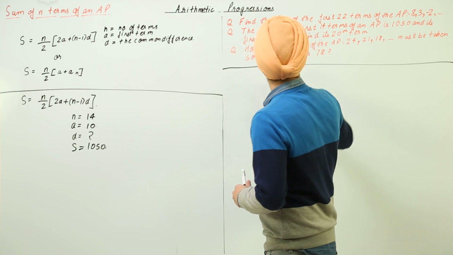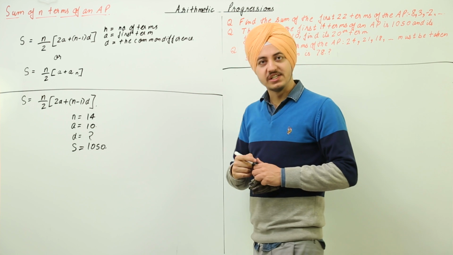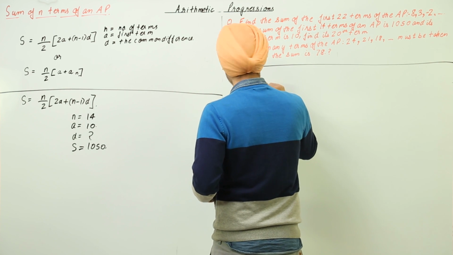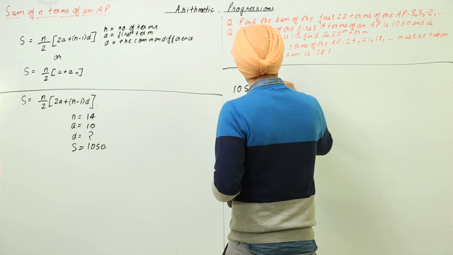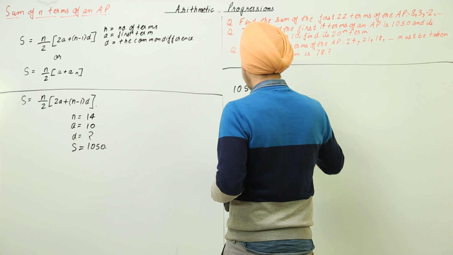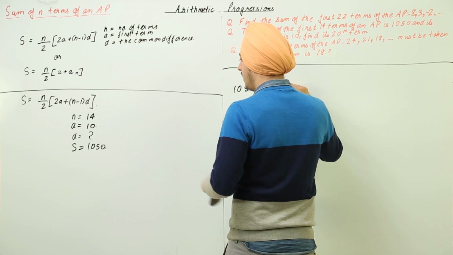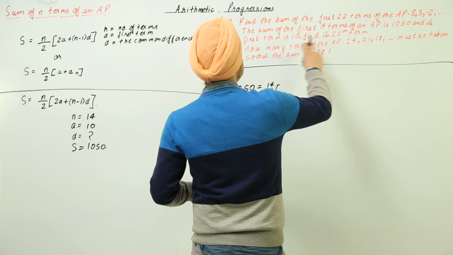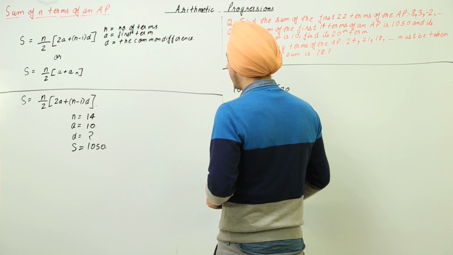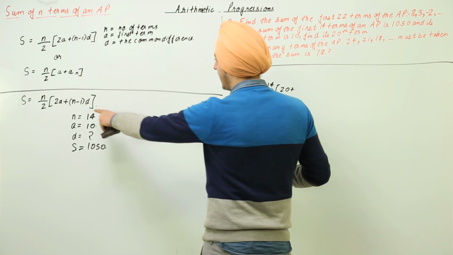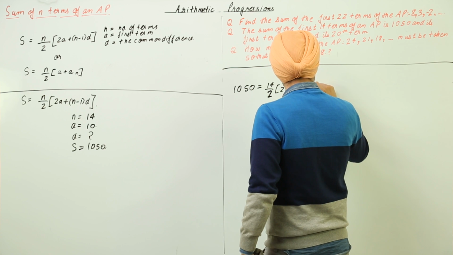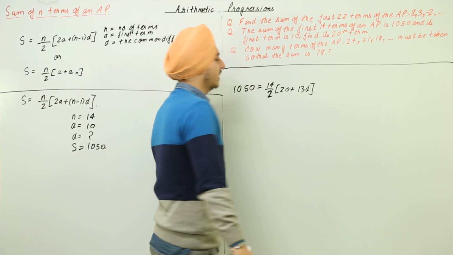So the sum of the first 14 terms is given to be 1050. So 1050 is equal to n by 2, that is 14 by 2, correct, into 2a, a here is equal to, it is given to be, the first term is 10, so 2 into a is 20, correct, plus n minus 1, n minus 1 is 14 minus 1, that is equal to 13 into d, correct.